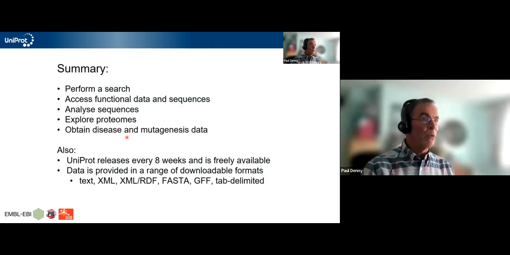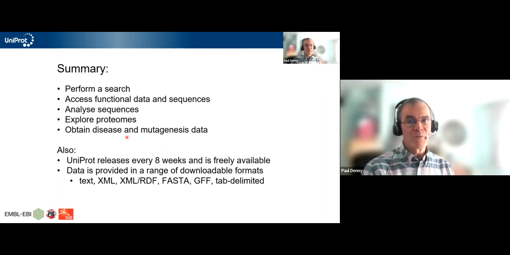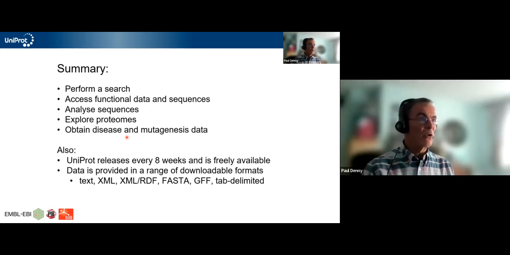So I've given you a whistle-stop tour of the UniProt database, and I've hopefully shown you how you could perform a search and then find functional data and sequences associated with the entries you find.